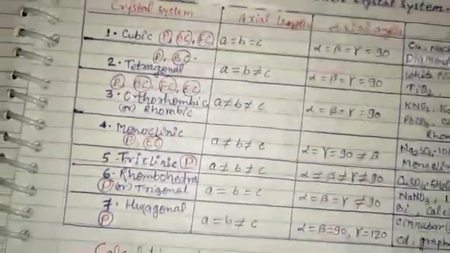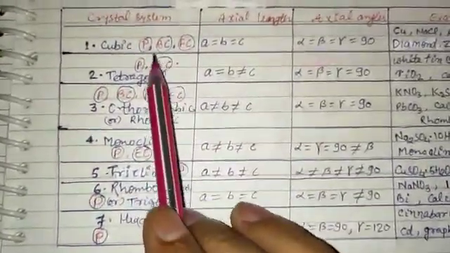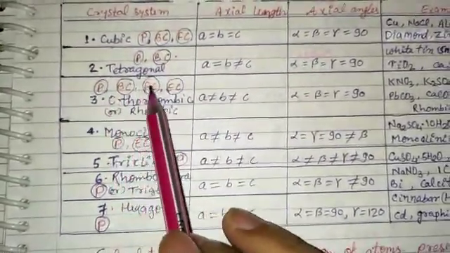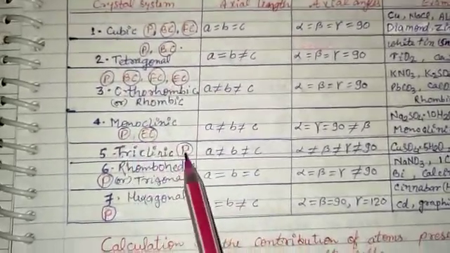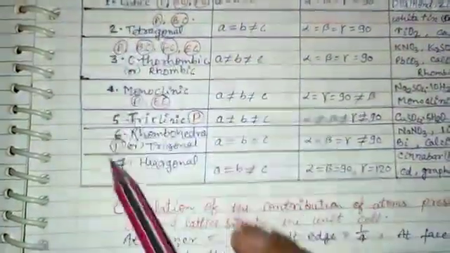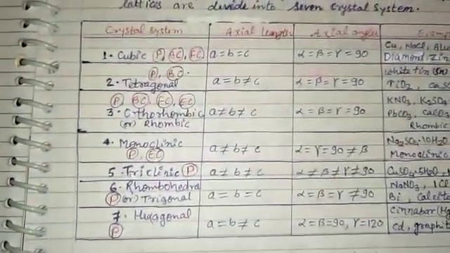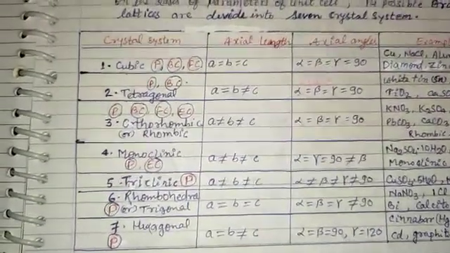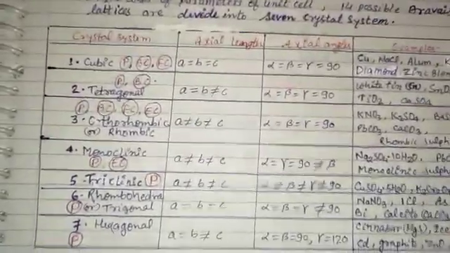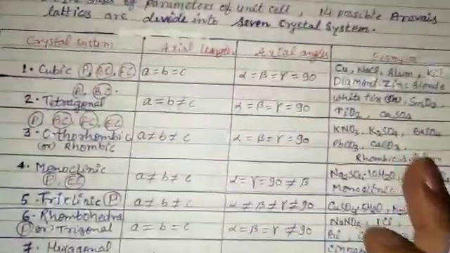And 14 Bravais lattices means 1, 2, 3, 4, 5, 6, 7, 8, 9, 10, 11, 12, 13, 14. It means in these 7 crystal systems, 14 types of unit cells are possible, and they form 14 types of Bravais lattices.